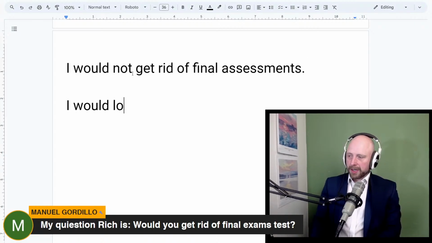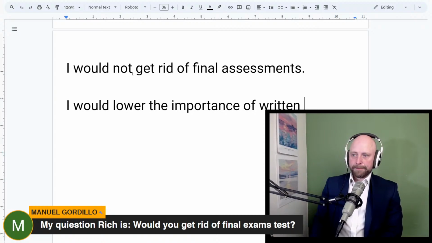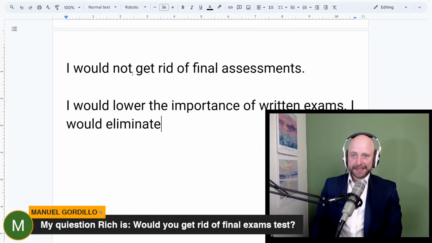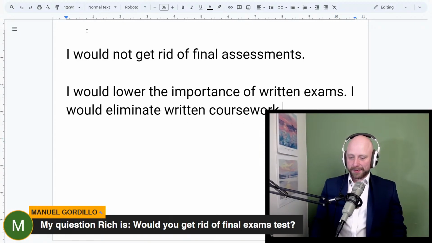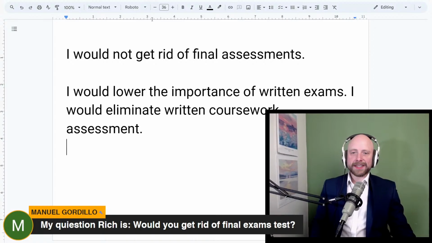So I would lower the importance of written exams. I would eliminate written coursework assessment. We'll still have written coursework, but it's not assessed.